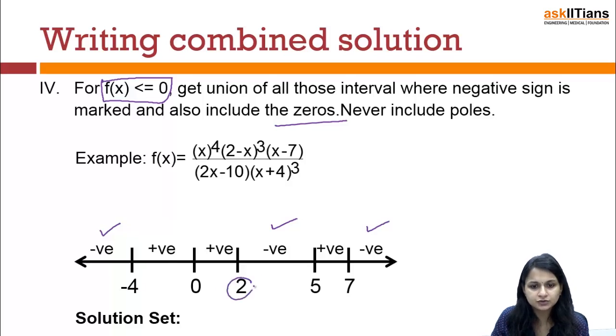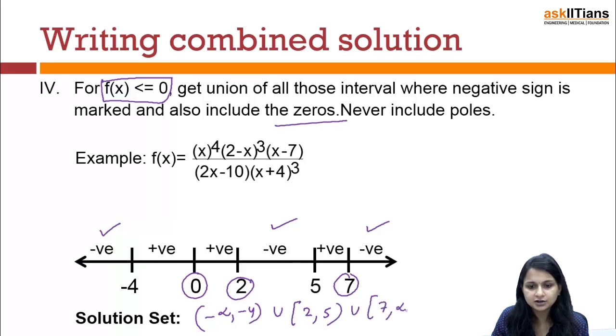I have 2, 7, and 0. I'll start from minus infinity to minus 4, but I will not be including any one of them. Then 2 to 5, so I will be including 2 but not 5. Then 7 comma infinity, so I will be including 7. So this will represent my solution set.